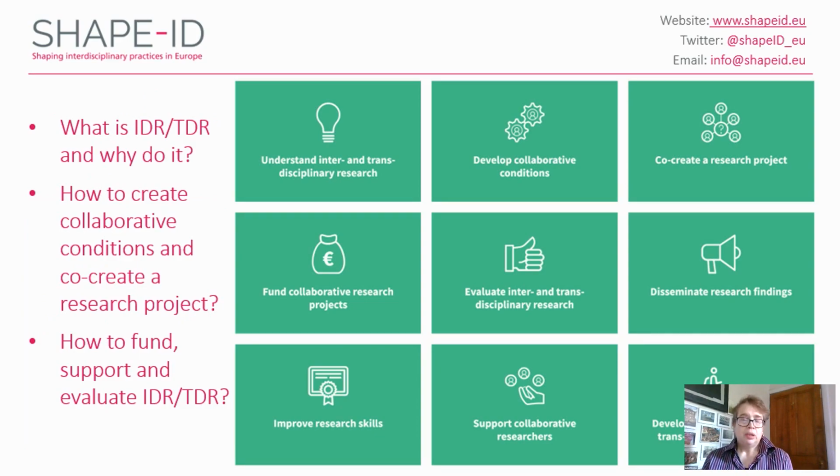So the other way we structured the toolkit was by making it around a series of goals or tasks, kind of really quite concrete questions. What is inter and transdisciplinary research? Why would you do it? How to create collaborative conditions? How to co-create a research project? How to fund, support, and evaluate inter and transdisciplinary research?